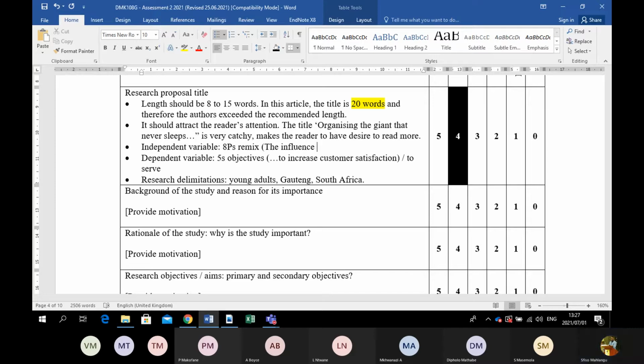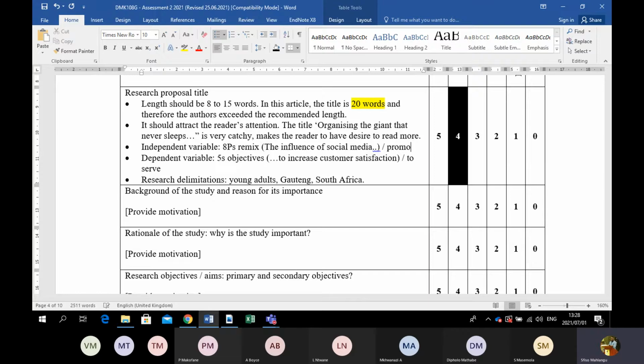So the influence, let's use that, the influence of social media, maybe, for example, to increase customer satisfaction. What we see here, social media, is the independent variable. And social media will be under promotion.